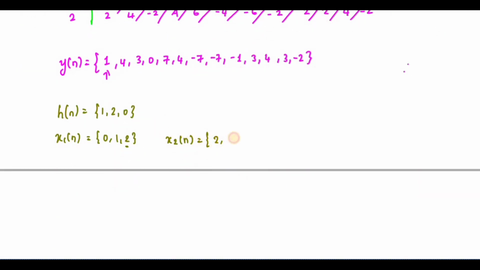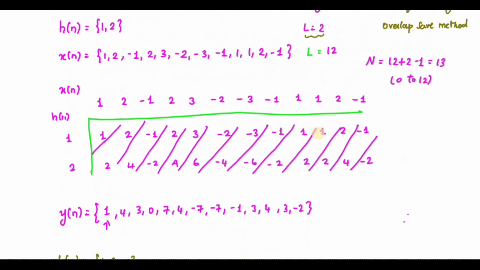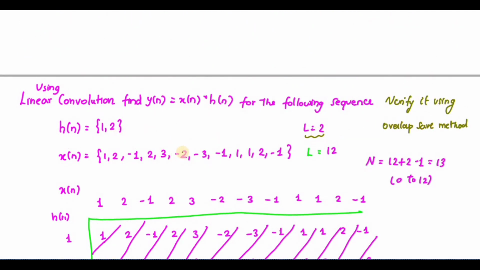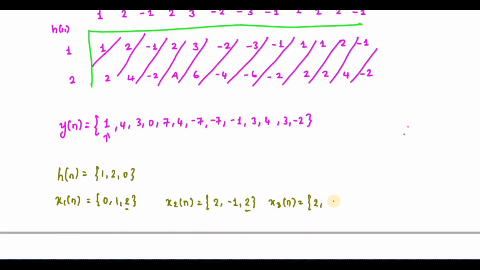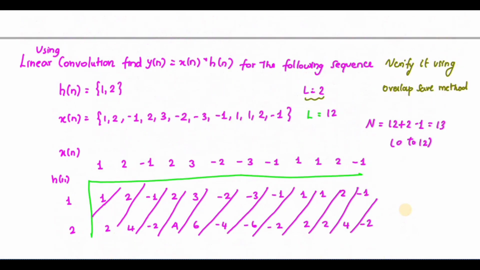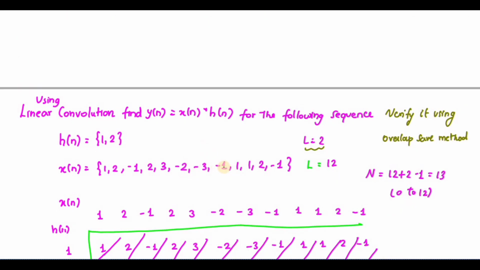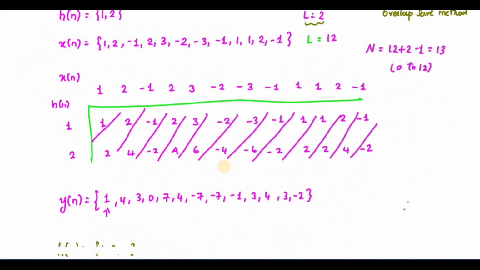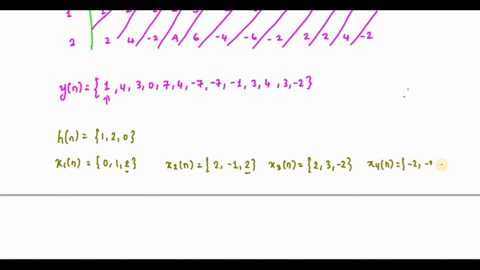Next, x3 of n is 2 comma 3 and minus 2. Next, x4 of n is minus 2 comma minus 3, minus 1.